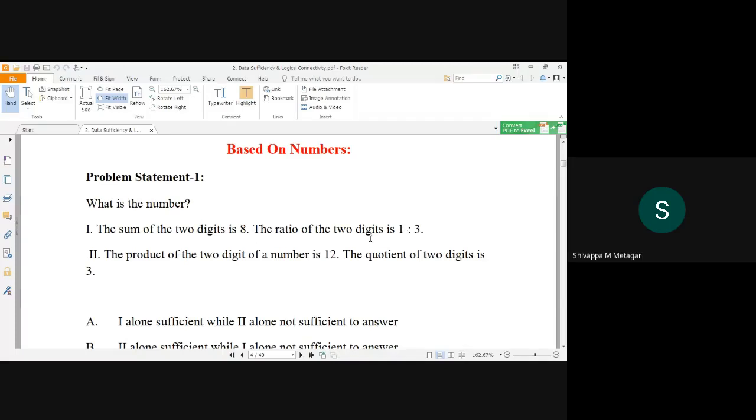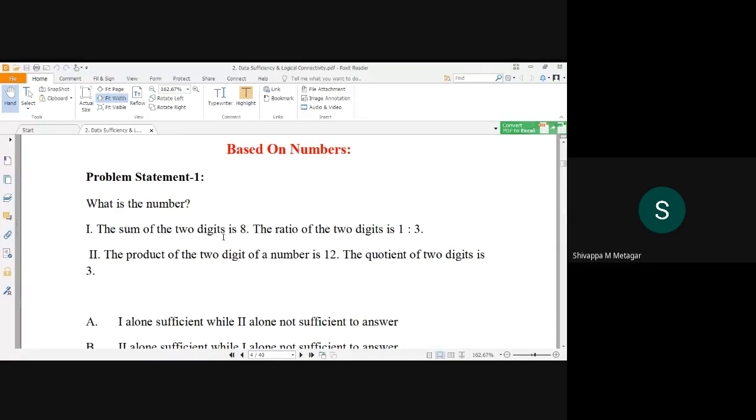Cross multiply and you will get the values of x and y. Even in the second statement, they directly give x into y equals 12 and x by y equals 3 by 1. Just cross multiply and you can find the values of both x and y.